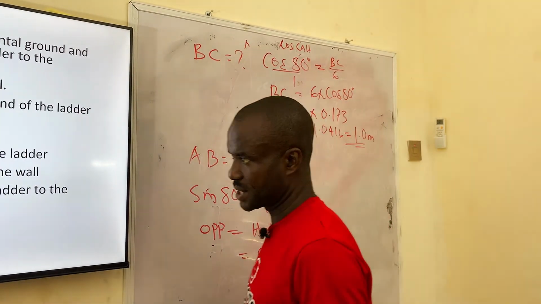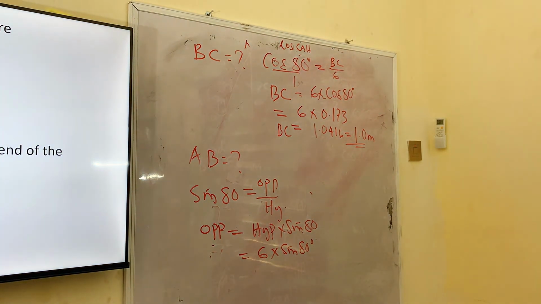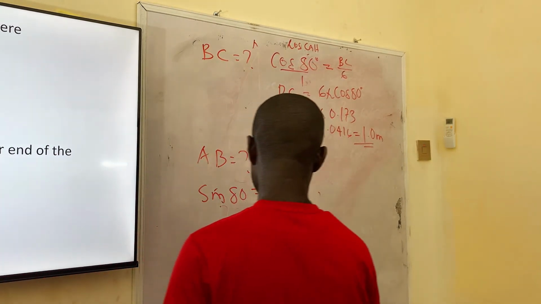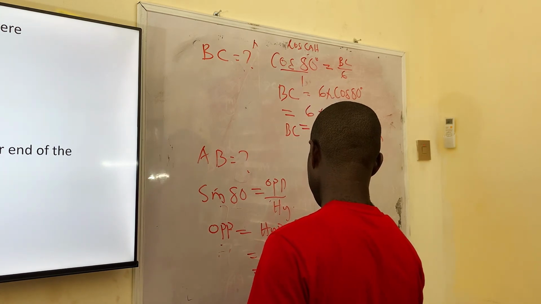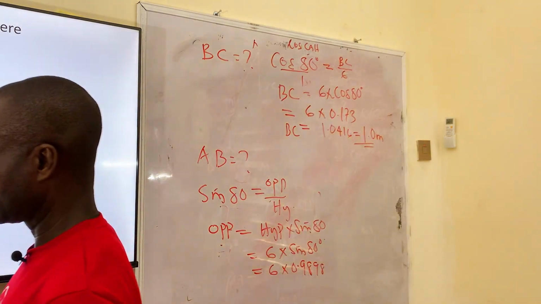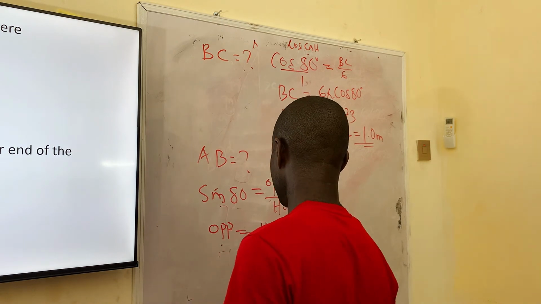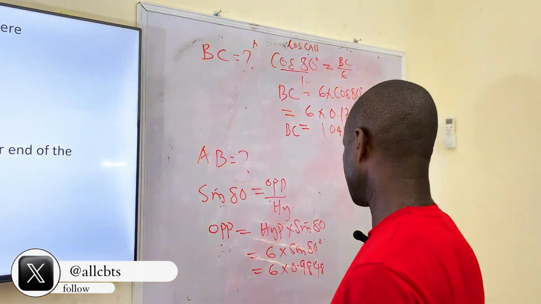Can somebody help us with sine 80 degrees? Yes. From our calculator, our sine 80 is 0.9848. You can confirm that. That is 6 times 0.9848. So multiplying this with that will give us 5.9.